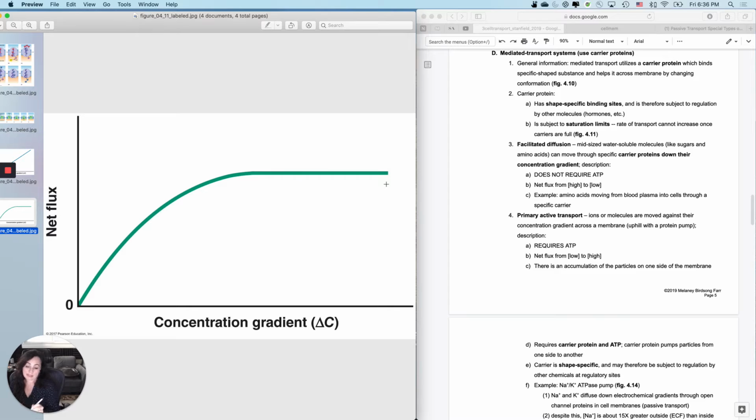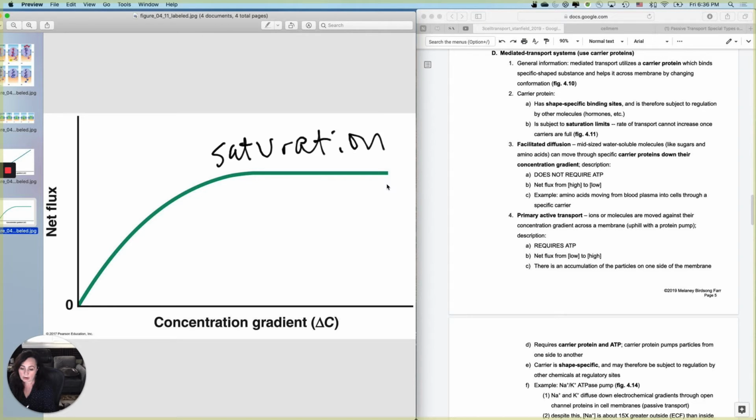is called saturation, and you've used it in reference to enzymes before. But here it kind of means the same thing. It just doesn't have to do with enzyme activity. It has to do with transport rate or net flux.